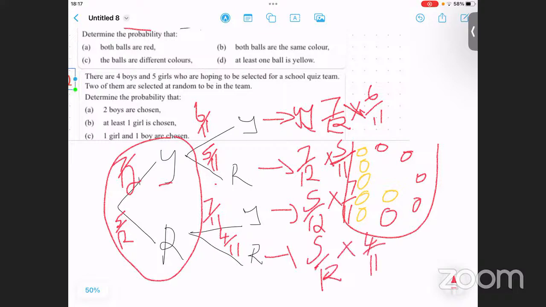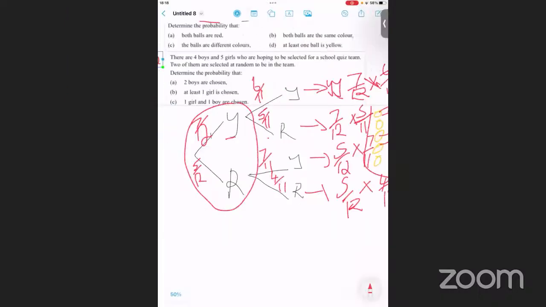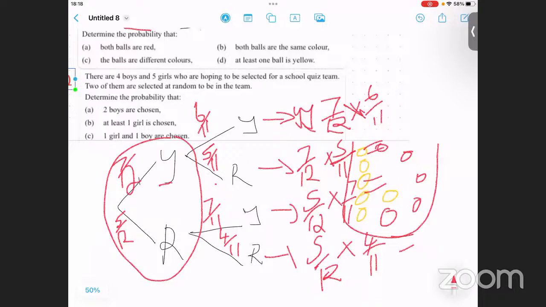Now, how much are you getting for all of these? How much are you guys getting?